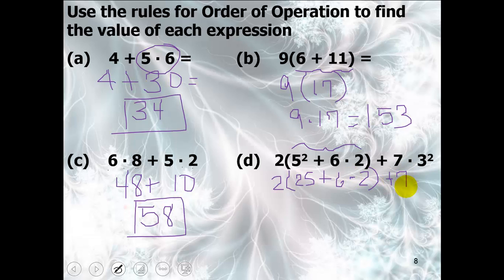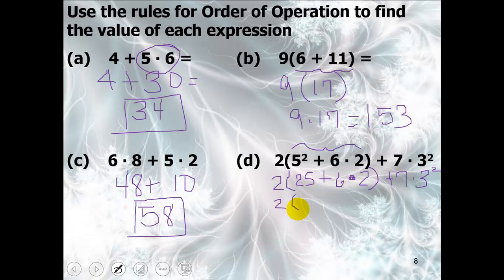And then I'm just going to copy this down. Okay? Now I'm still inside this grouping symbol, right? And I have 25 plus 6 times 2. What do I do first? Well, I don't have any exponents, so now I have to multiply first.